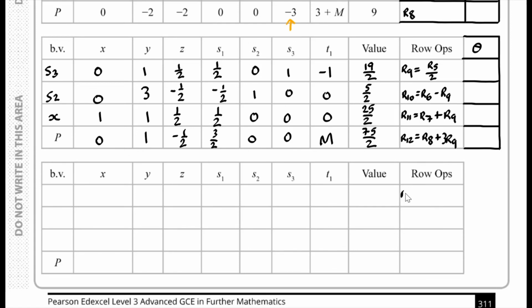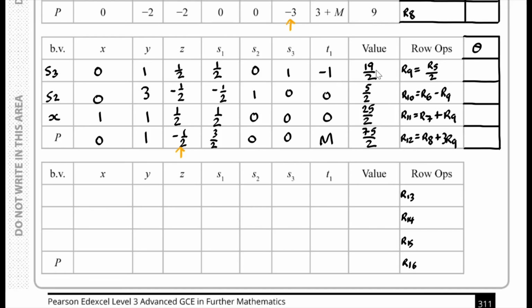working out the values of R13, R14, R15 and R16 can be done by first of all working out these values of theta. We have to identify the most negative entry in the objective row. That would correspond to this minus 1/2. So we divide these values by the entries in the Z column.